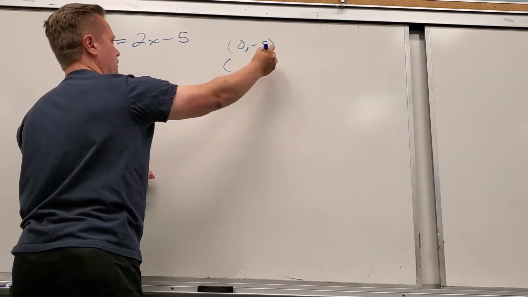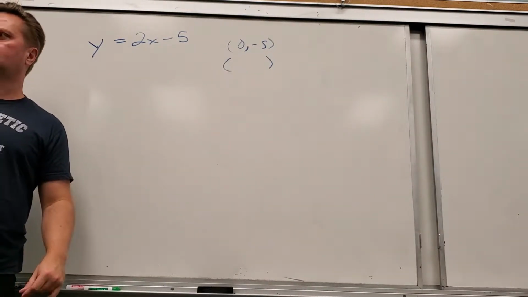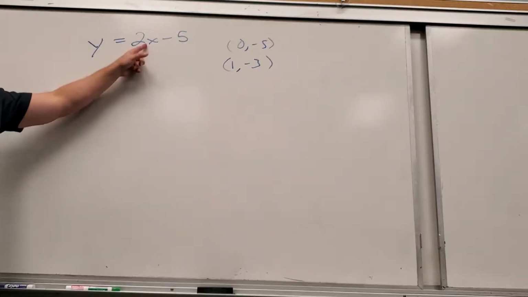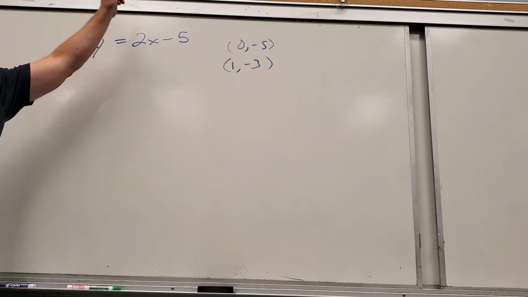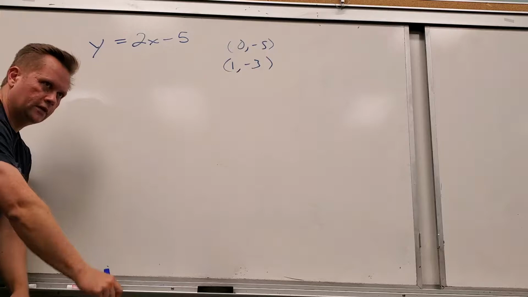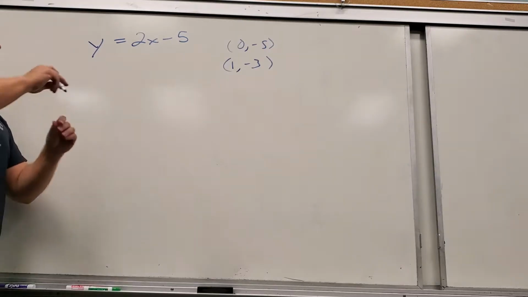Give me another answer, somebody else. 1, -3, right? They're picking a value for x, plugging it in, getting a value for y. And of course that list would go on forever, through the center of the earth and out the other side. All right, let's not do that, not today.